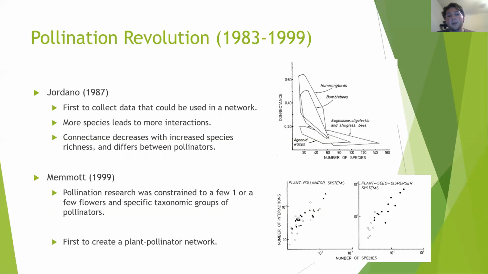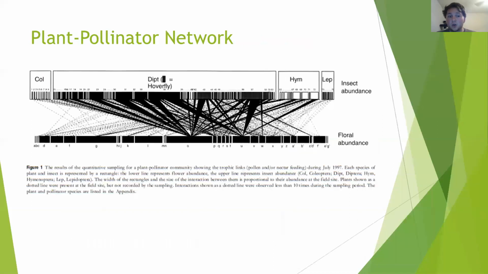Then you have Mehmet in 1999, who creates the first plant-pollinator network, which is impressive because this is still used today. It's still a very common tool for understanding the interactions between the plants and the pollinators. And so each one of these little black bars is a pollinator species at the top, and at the bottom, they're plant species.